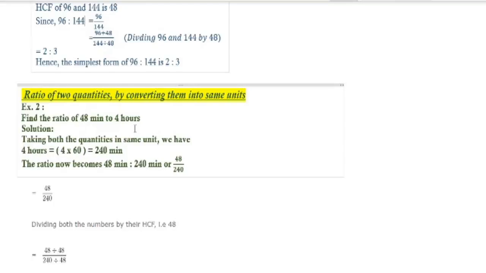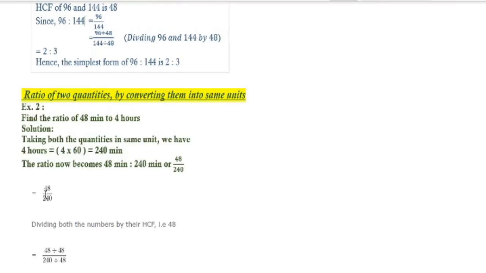For taking both quantities in the same unit, we convert hours into minutes. So 4 hours is 4 into 60 minutes, that is equal to 240 minutes. So the ratio of 48 minutes to 240 minutes is 48 by 240.